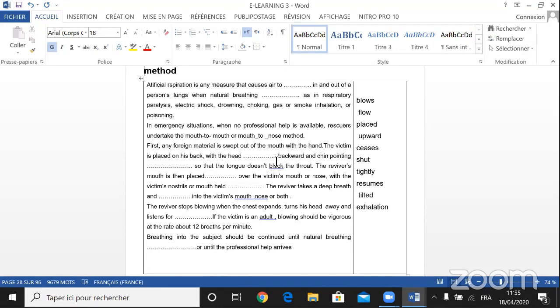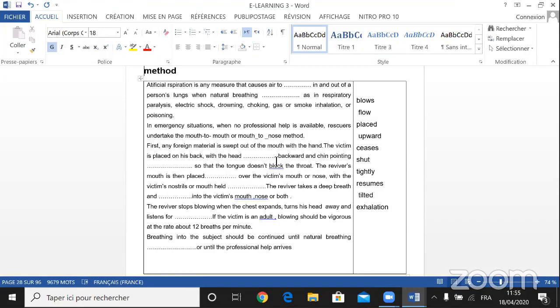The reviver's mouth is then placed tightly over the victim's mouth or nose, with the victim's nostrils or mouth held shut, which means closed. No leakage.